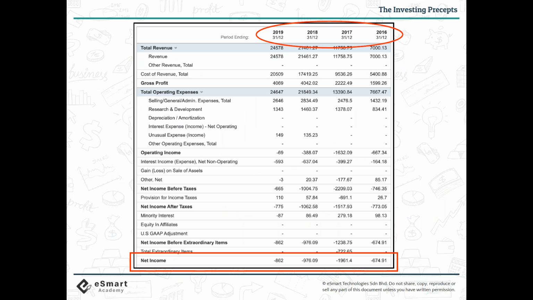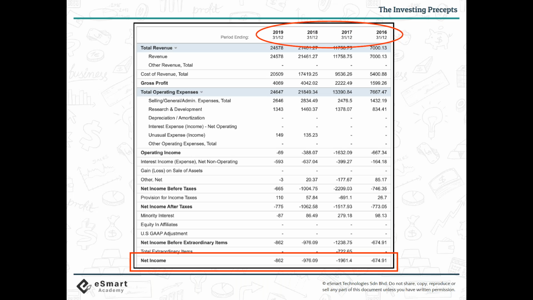I'm not sure if this is the latest one. I got this at the end of last year. You can see that Tesla's net income from 2016 to 2019 is negative, which means this company on an annual basis is losing money from a net income perspective. If you put it into a valuation model, there's no way you're going to get a valuation out, because this company is not making money.